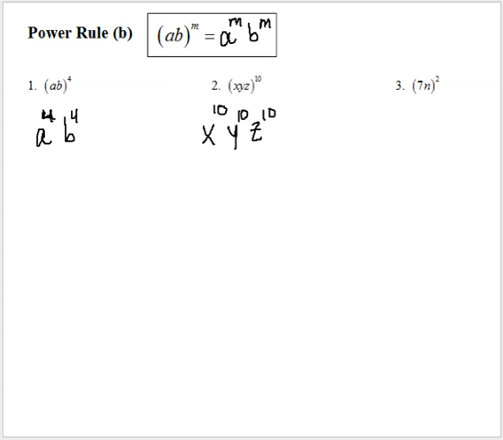What would number 3 be? Yeah, 7 to the power of 2 n to the power of 2, which is 49 n to the power of 2. Very good. All right, rounds up okay for that one, please.